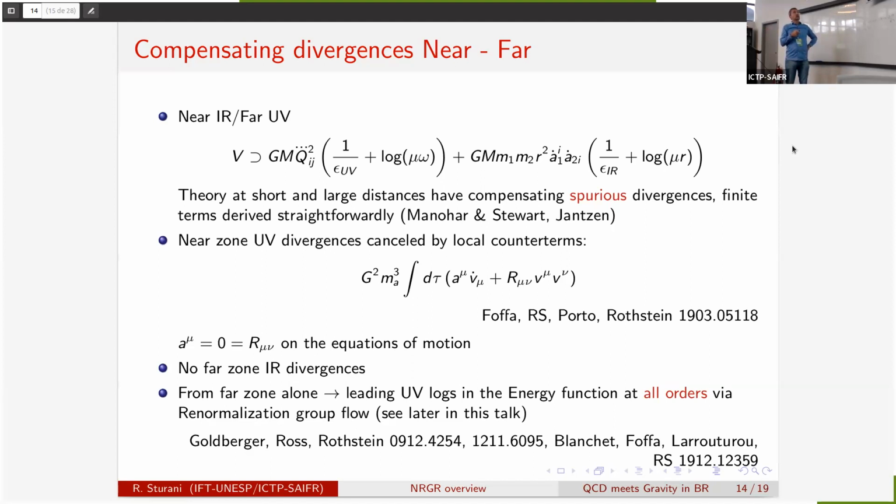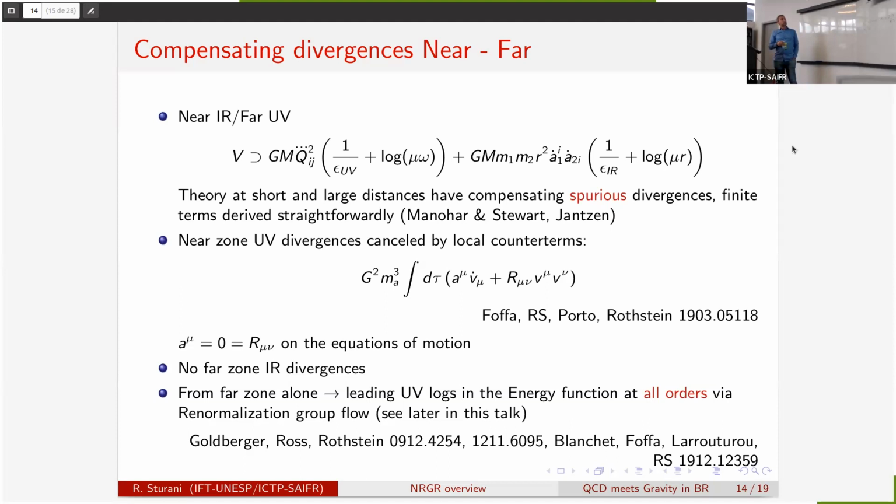But the near zone can have UV divergences that are due to the fact that you are neglecting the finite size of the object. So since up to 5 pn we know that the black holes can be treated as point-like, all the UV divergences that we meet at 3, 4, 5 pn must be spurious, and indeed they can be gauged away by just a coordinate transformation. We have shown it explicitly up to 4 pn.